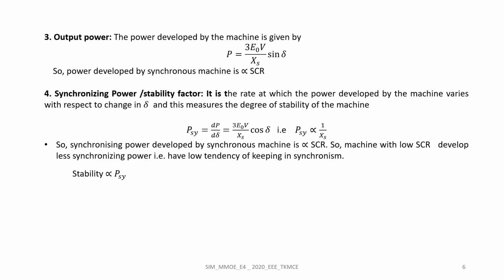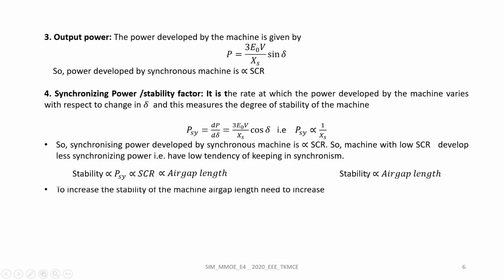We know synchronizing power is inversely proportional to Xs, that is, synchronizing power is directly proportional to short circuit ratio. And also we know short circuit ratio is directly proportional to air gap length. So altogether, we can say that stability of the machine is directly proportional to air gap length. If air gap length is more, the stability of the machine becomes more.